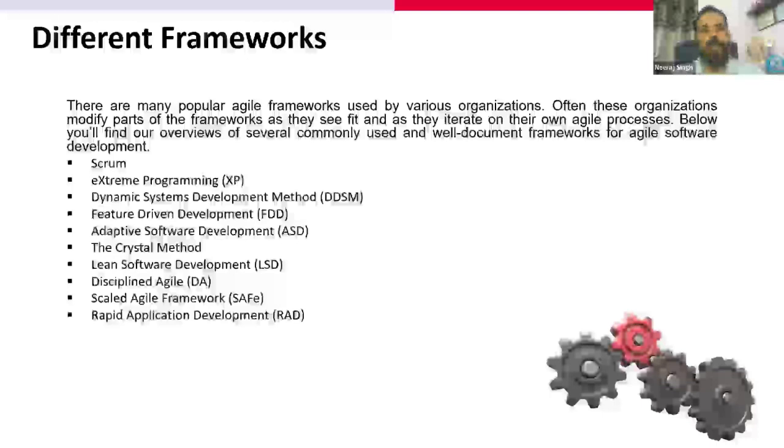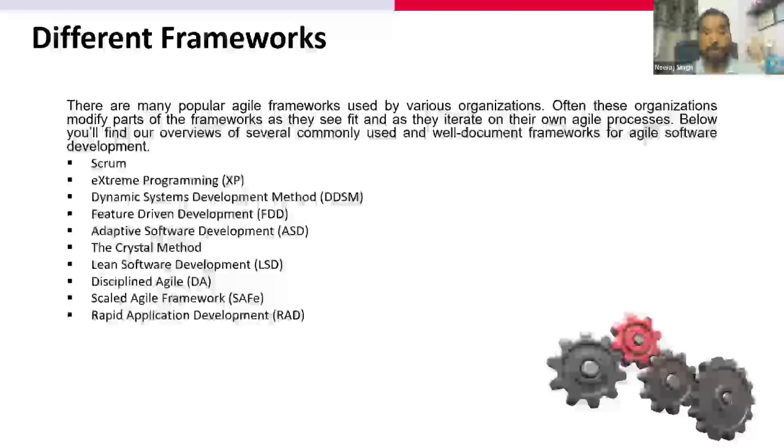So for example, the most popular one we have today is Scrum, which has its own ability of using time-boxed iterations to build smaller chunks of work at a time. We had Extreme Programming, Dynamic System Development Method, Feature-Driven Development, Adaptive Software Development, the Crystal method, Lean Software Development, Disciplined Agile, Scaled Agile Framework, and Rapid Application Development.